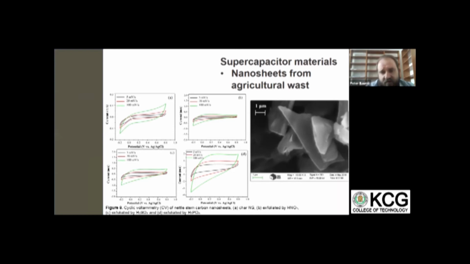Later we can prepare an electrode from this material, and you can see that the charge discharge current is different. We can store electricity on this nanostructured material, which is a supercapacitor, and we can use it as a battery.